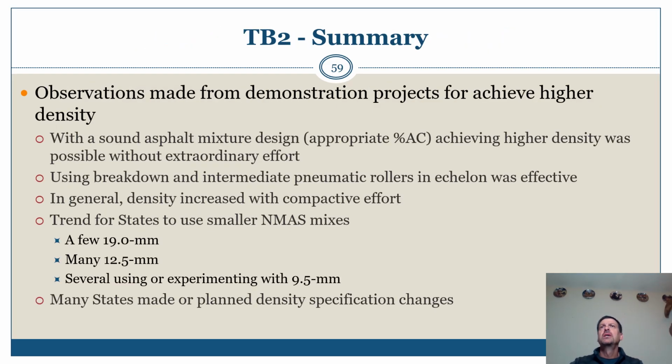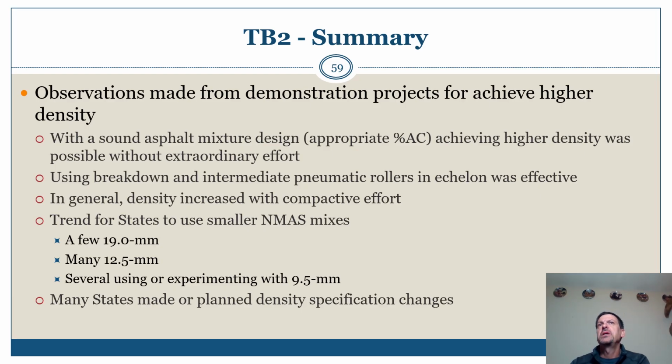In summary, observations from the demonstration projects associated with achieving higher density are summarized here. Basically, if you've got a sound mix with an adequate amount of asphalt in it, achieving higher density is possible without extraordinary effort.